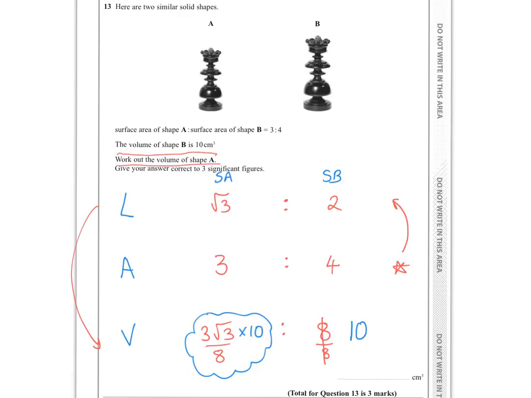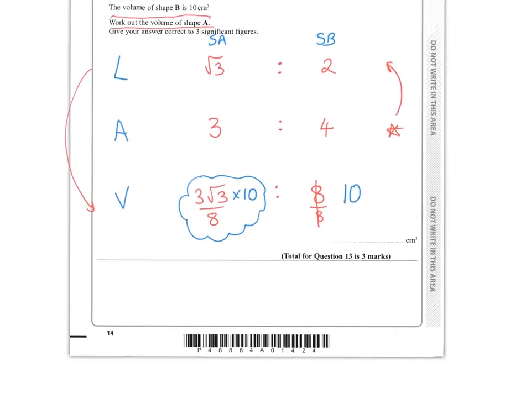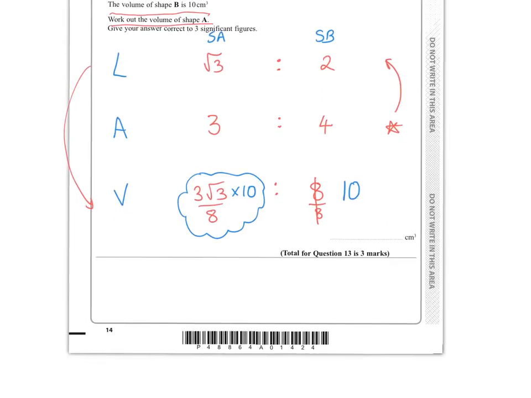Well, my calculator gives an answer of, let's put this down properly, I get 6.495190528. That's a bit untidy there. Neaten that up.